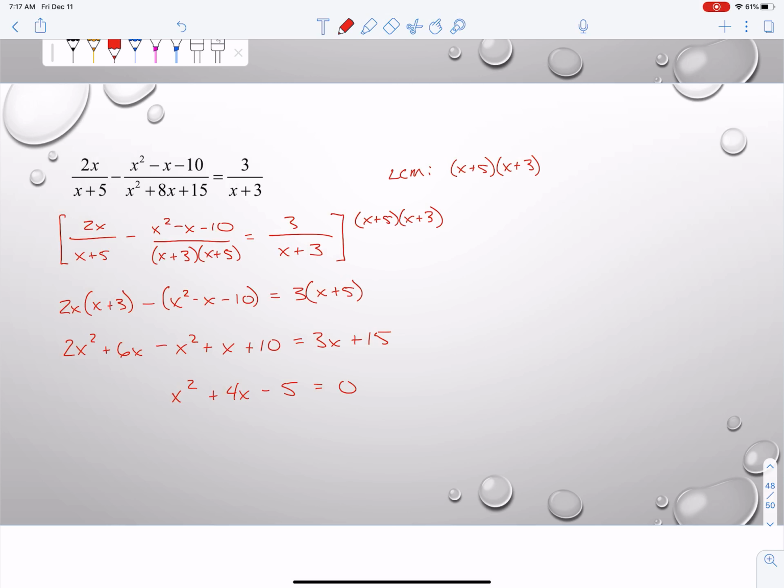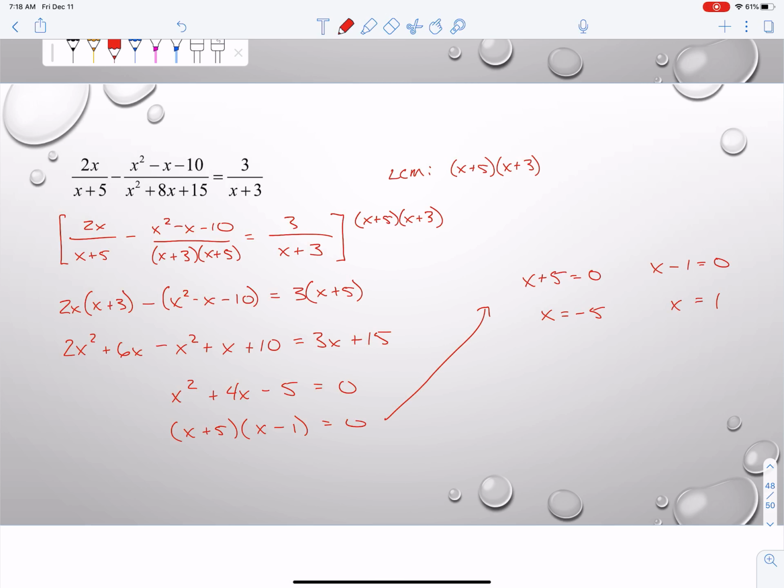So two numbers that multiply to negative 5 and add to positive 4 are going to be a positive 5 and a negative 1. This is going to give me solutions then. We're going to have x plus 5 equals 0, or x equals negative 5, and x minus 1 equals 0, or x equals 1.